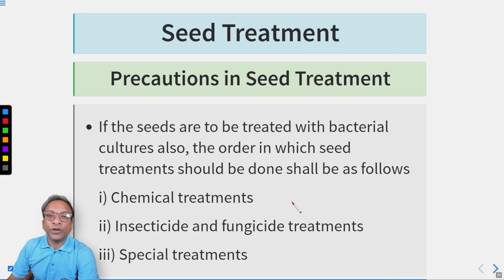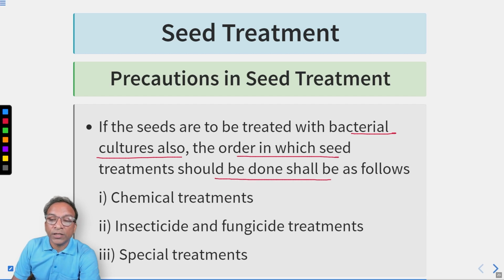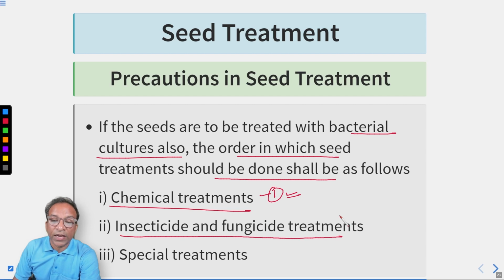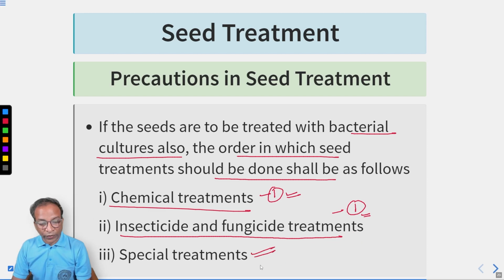If the seeds are to be treated with bacterial culture also, the order of seed treatment should be as follows. First of all, chemical treatment. Then we must follow with fungicide and insecticide treatment, and special treatment can be done after that.